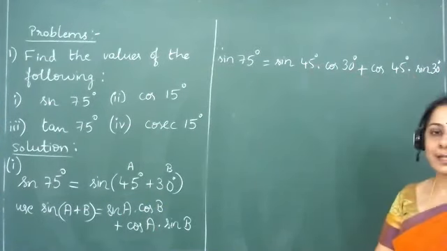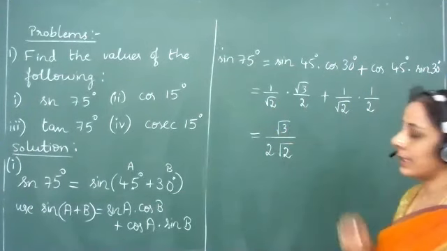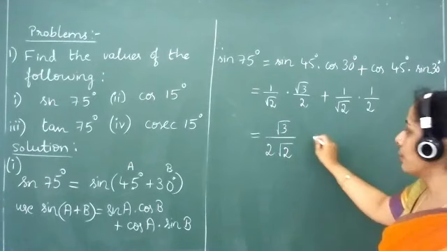Sine 45 degrees is 1 divided by root 2, cos 30 degrees is root 3 divided by 2, plus cos 45 is 1 by root 2, again sine 30 degrees, which is going to be 1 by 2. And this needs to be simplified. 1 into root 3 gives us root 3 in the numerator. The two denominators multiply and hence you have 2 root 2.